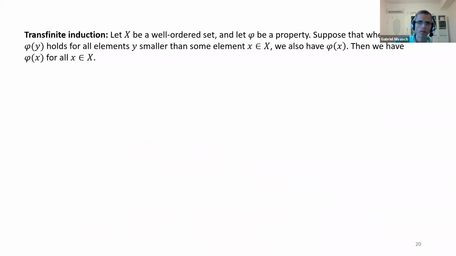Why are well-orders important? Because of transfinite induction, which says that if you have a well-ordered set, and there's some property that whenever it holds for all smaller elements of some element, it also holds for that element, then that property holds for the whole set.